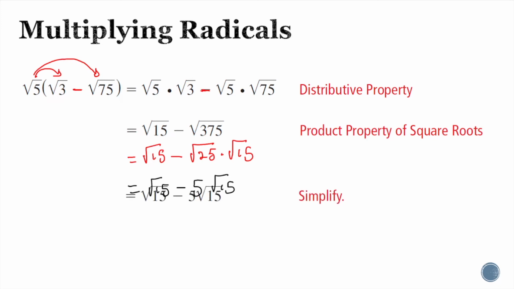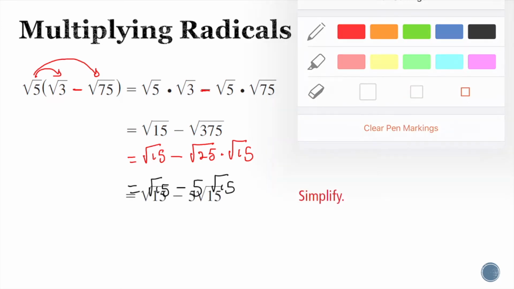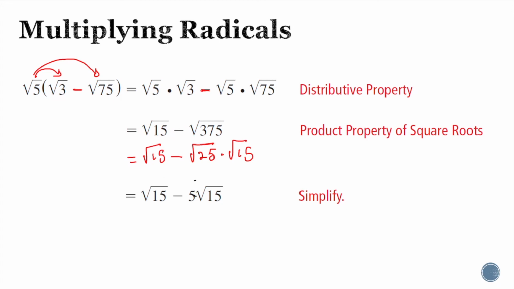You'll see that here. Now I can combine like radicals the same way, again, like you would combine like terms. And I have 1 minus 5 to get me negative 4 times the square root of 15. And that's my final answer. And I am done.